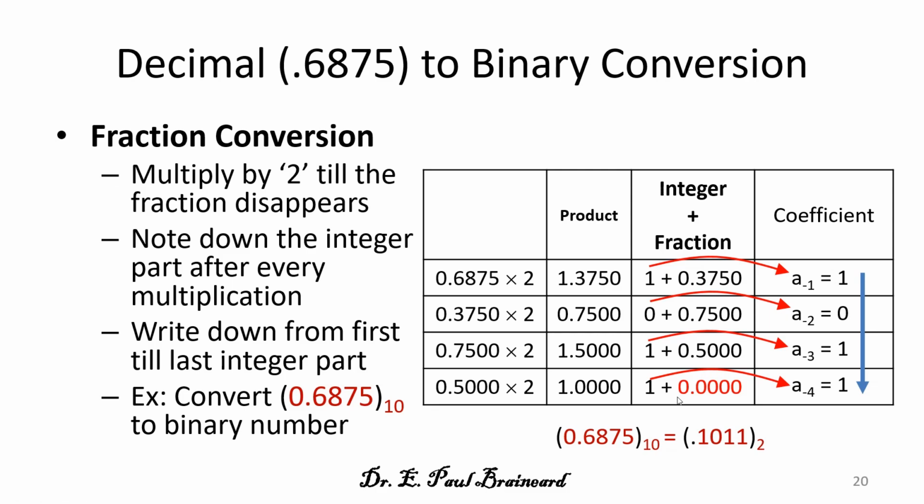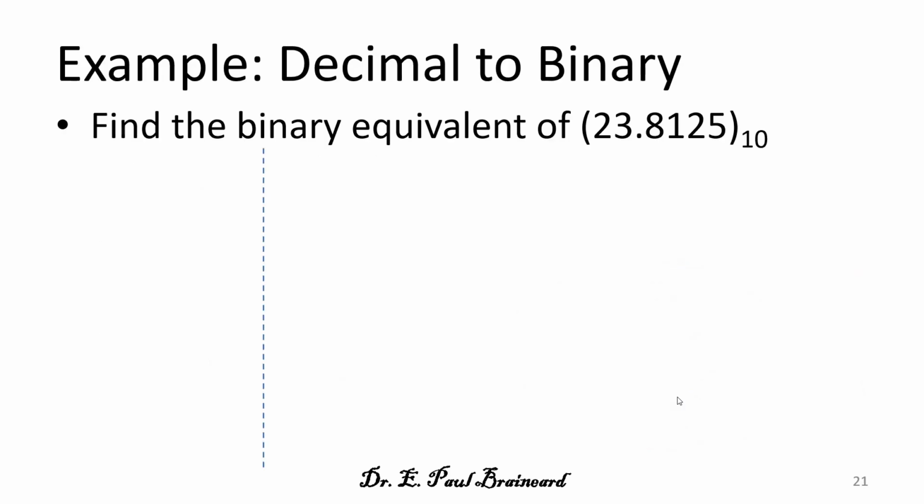Another example of decimal to binary conversion. 23.8125 is the decimal number. Follow the same rule: divide the integer part and multiply the fractional part. Let's have a look at the process. Dividing 23 with 2, quotient 11, remainder 1.